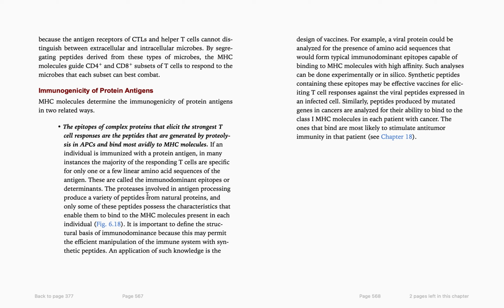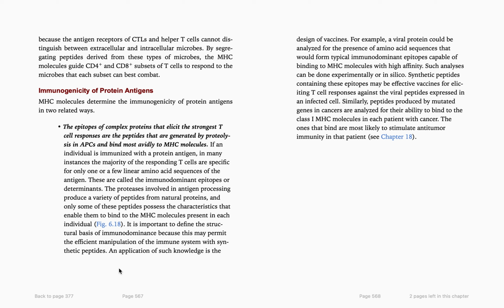The proteins involved in antigen processing produce a variety of peptides from natural proteins, and only some of these peptides possess a characteristic that enables them to bind to the MHC molecules present in each individual. It is important to define a structural basis of immunodominance because this may permit the efficient manipulation of the immune system with synthetic peptides.